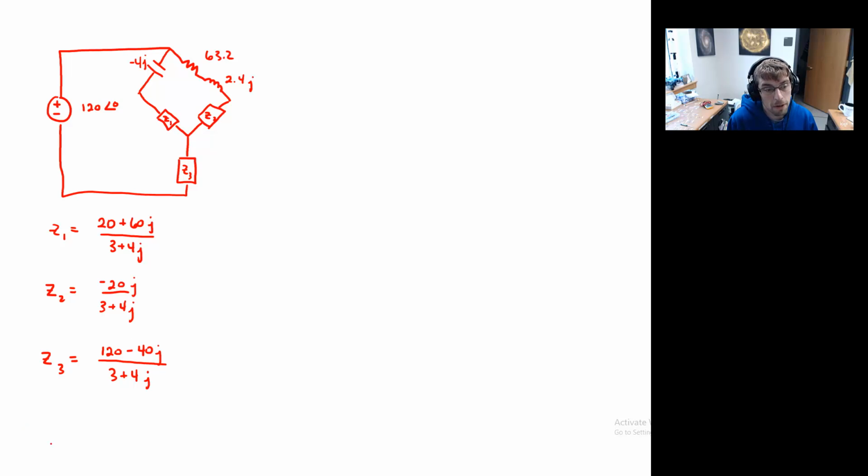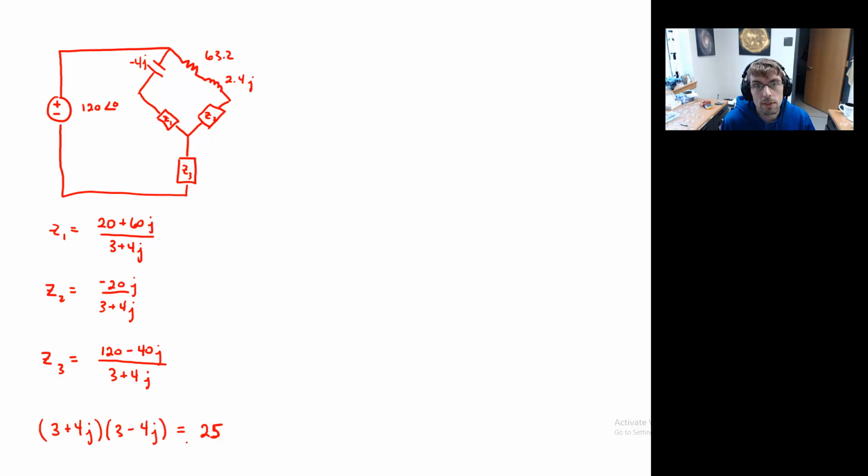Now, the fortunate part is when we take the complex conjugate of the denominator, we have 3 plus 4j times 3 minus 4j. And so that will give me an answer of 25. So that'll be nice, 9 plus 16.